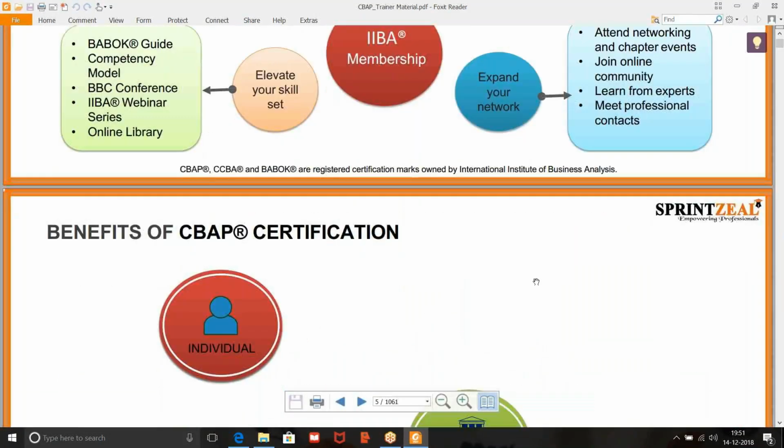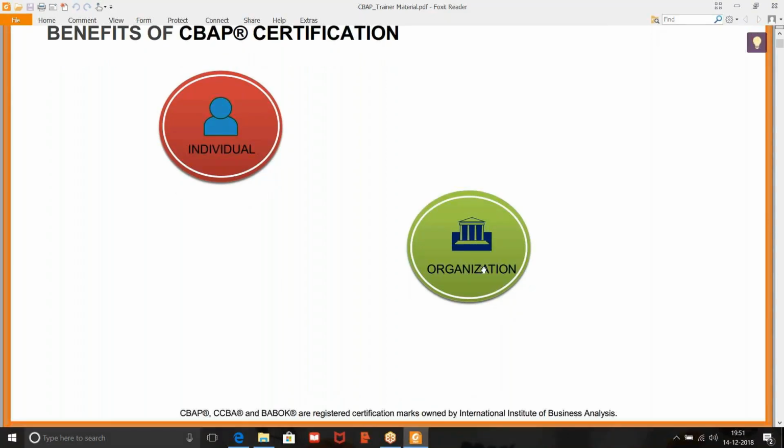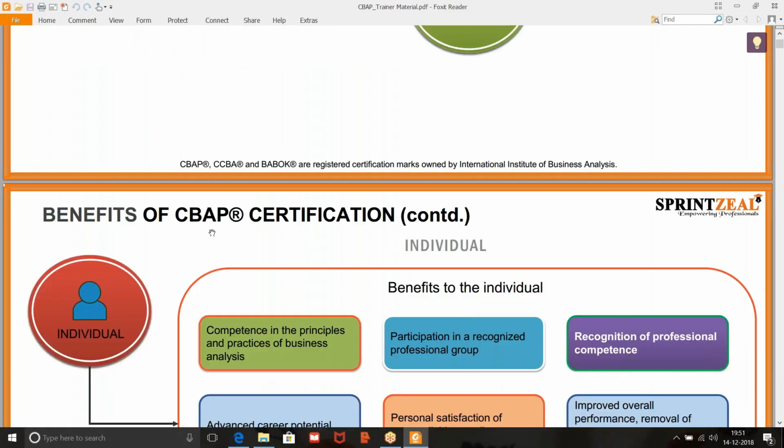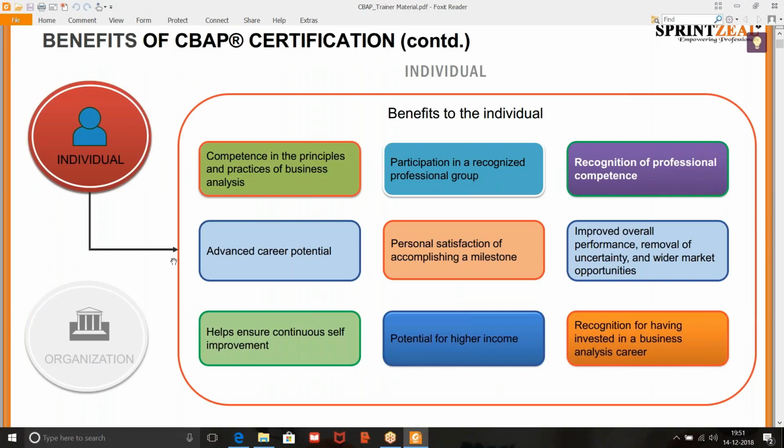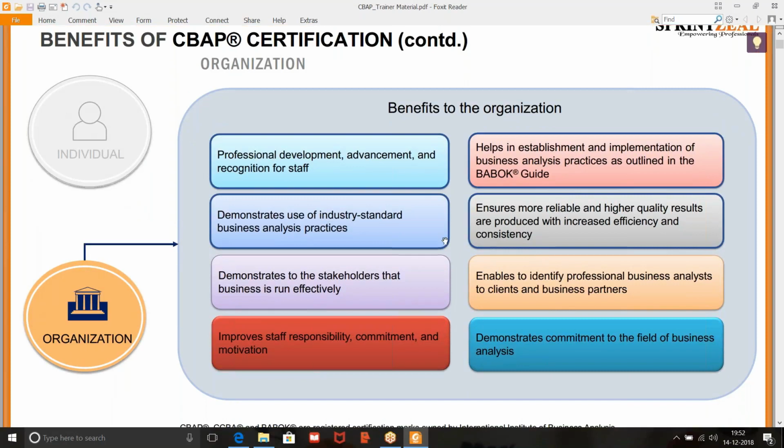So, benefits. I don't think I need to tell you this; you already know this stuff. Benefits of CBAP certification: at the individual level, you gain all of this. At the organizational level, of course, you can add value as a business analyst because you get exposed to so many areas where a BA becomes active, and he or she starts thinking not only at the individual team level, but at the organizational level.